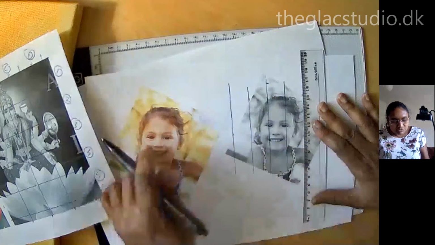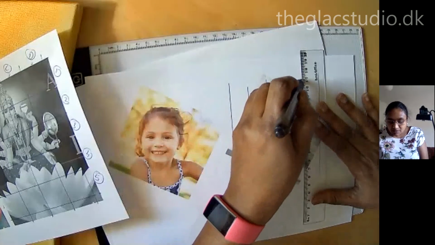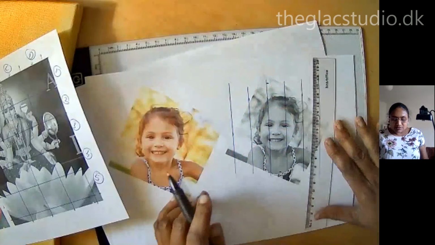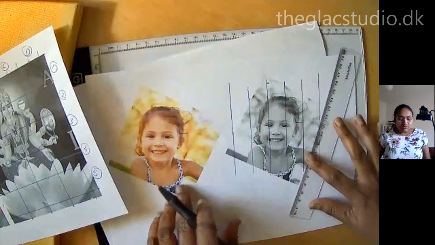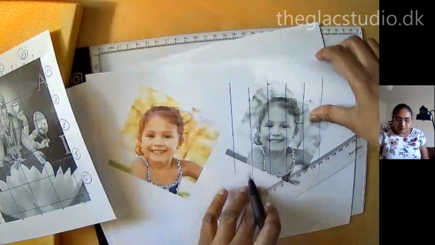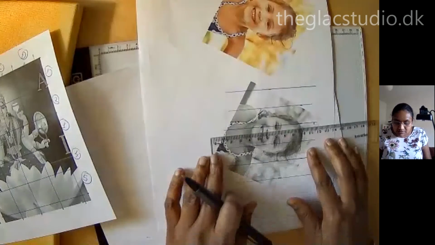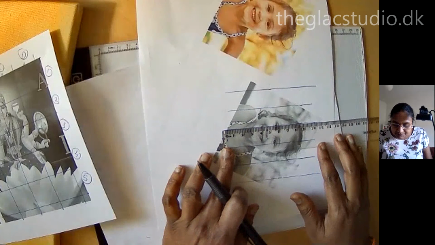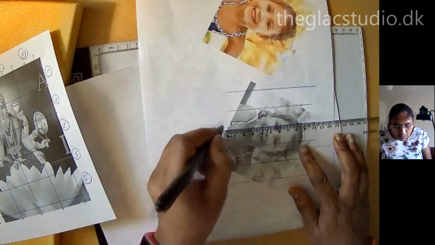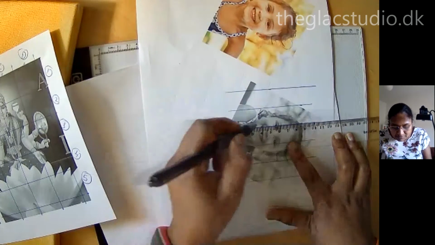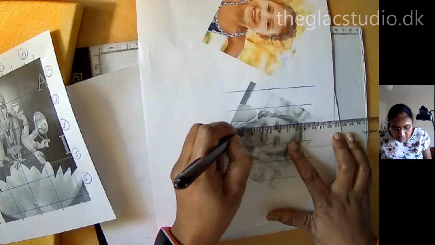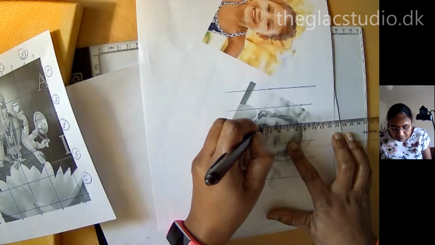We always have the original image here without any lines drawn, so it's easier for us to refer back to it if something isn't clear. So here in this 10 centimeter block, let's draw the horizontal lines as well.